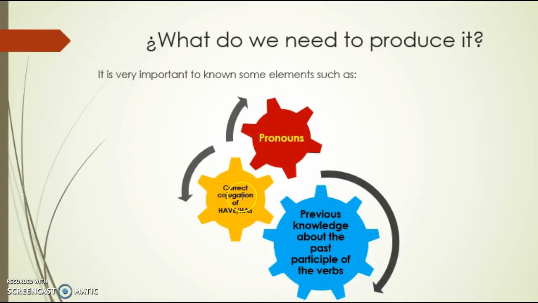We also have to know the correct conjugation of the verbs have and has, and we have to have previous knowledge about the past participle of the verbs. If we can handle these three components, we can use the present perfect tense correctly.